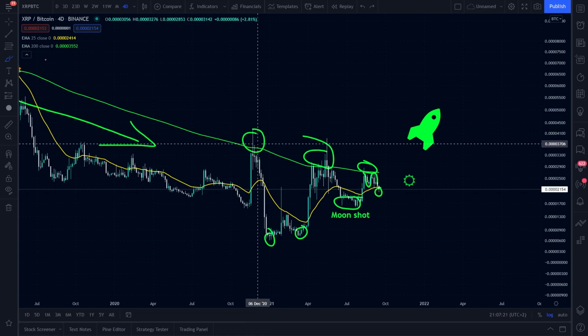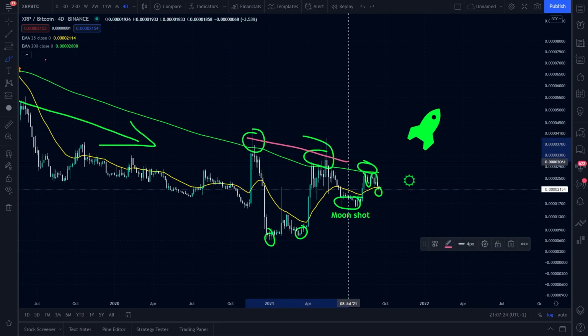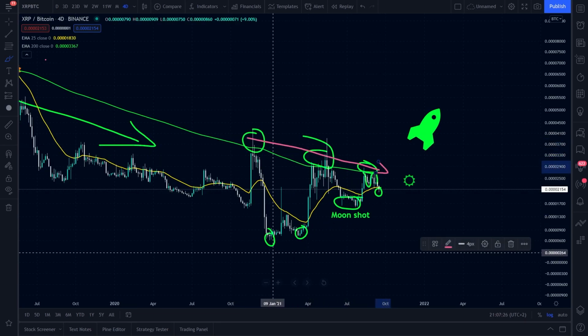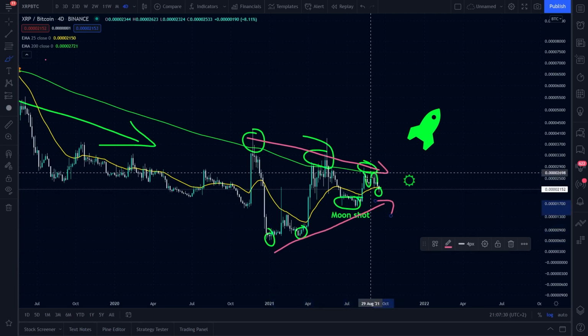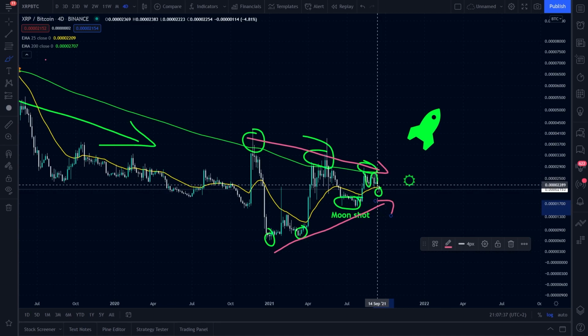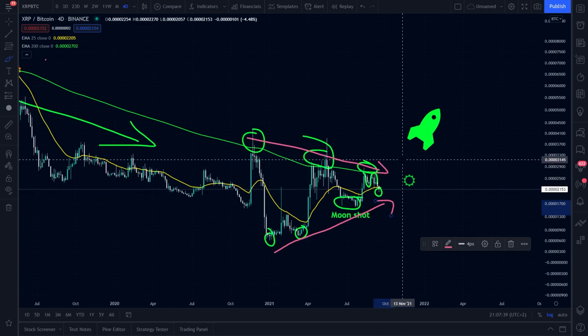So to sum up, there is the green line pushing us down and we are making higher lows and this is pushing us up, okay? And soon XRP should choose a side. Either we go up and we start making higher highs, okay?